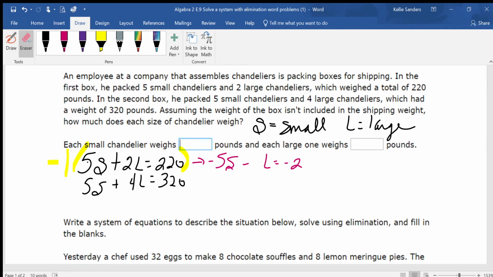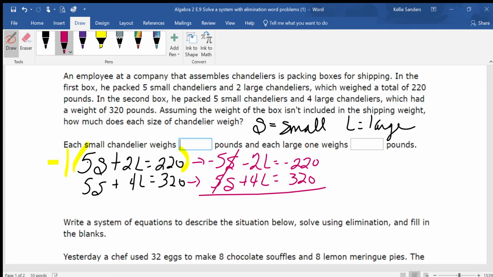I'm trying to do this way too fast. This one's just going to be rewritten, nothing changes. The S's cancel, 4 minus 2 is 2. 320 minus 220 is 100. Divide by 2, and you get 50. What's 50? The weight of a large chandelier is 50 pounds.